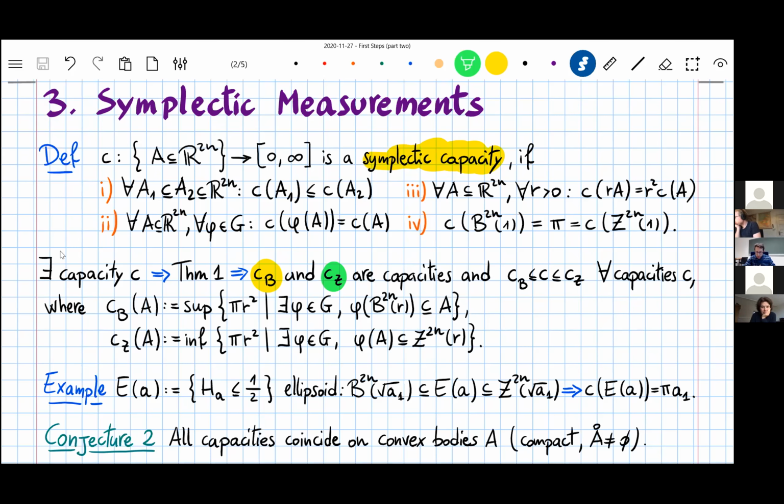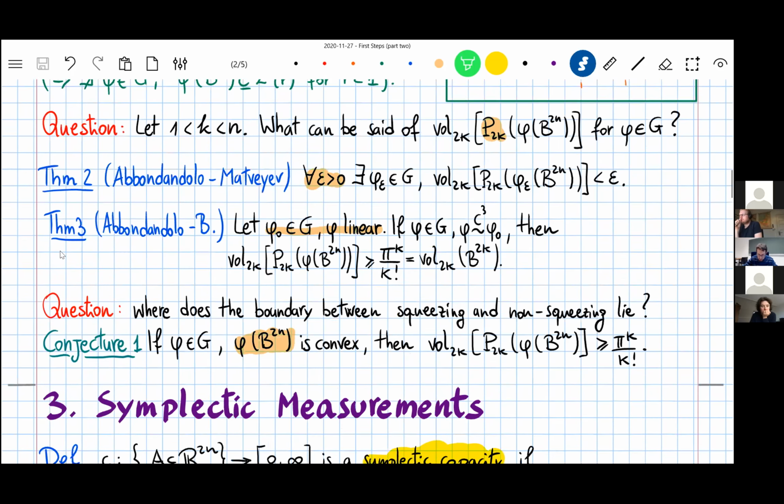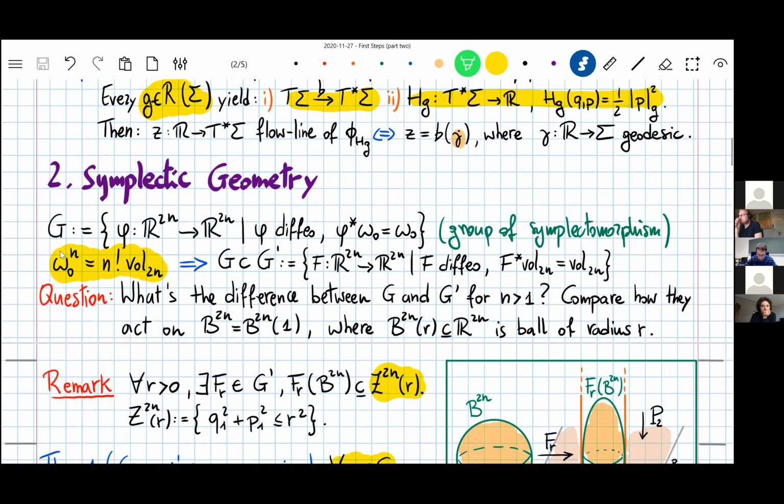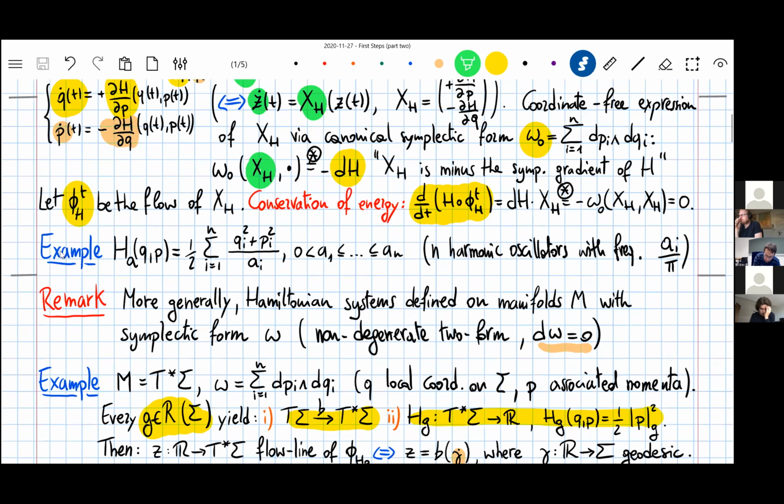And right, so as I was saying, for the case of the ellipsoid, you already basically know the capacity, because if you have an ellipsoid, this was H_A less or equal than 1/2. Let's go back to the definition here. So this was the definition.